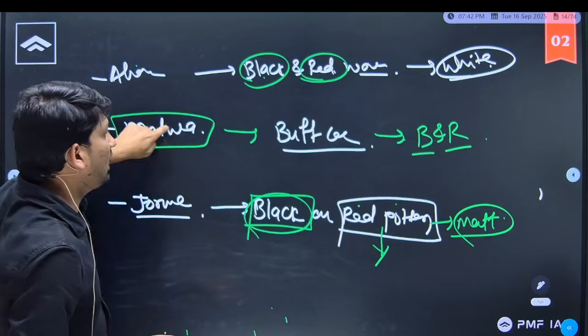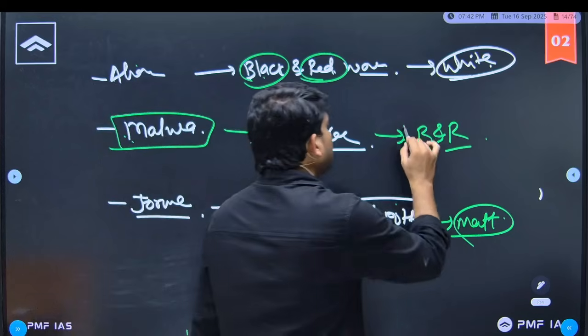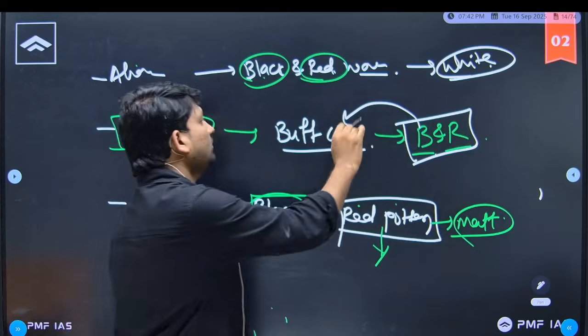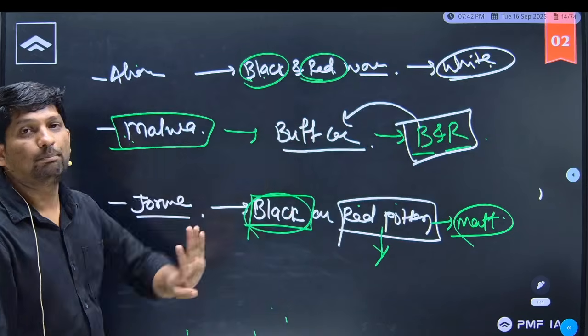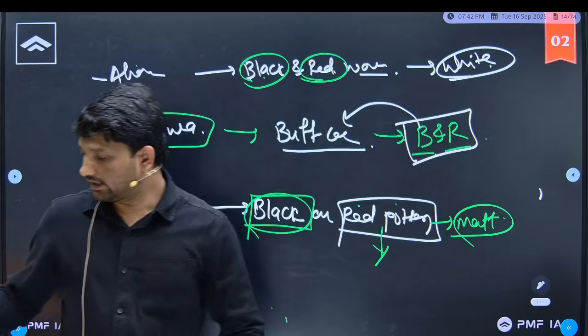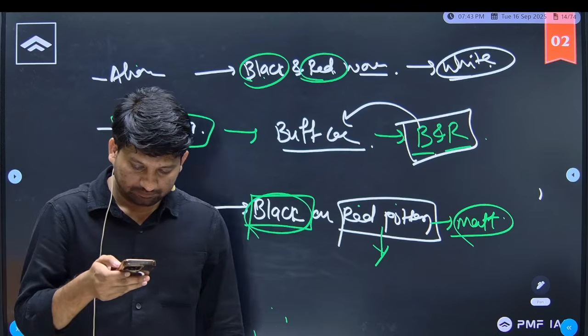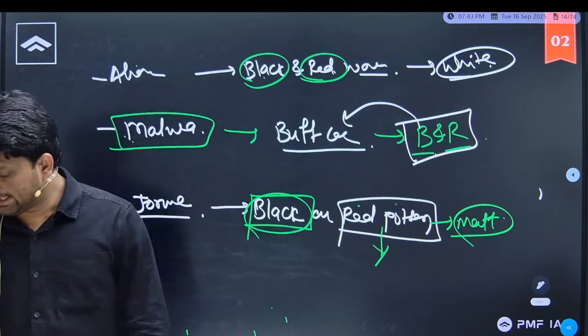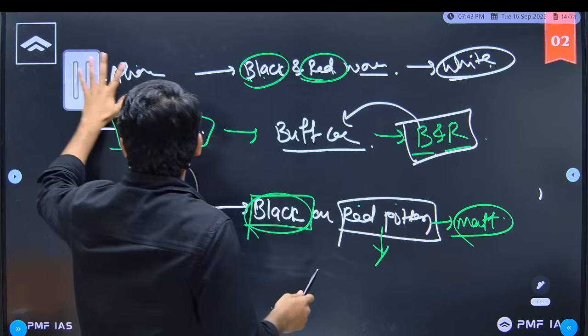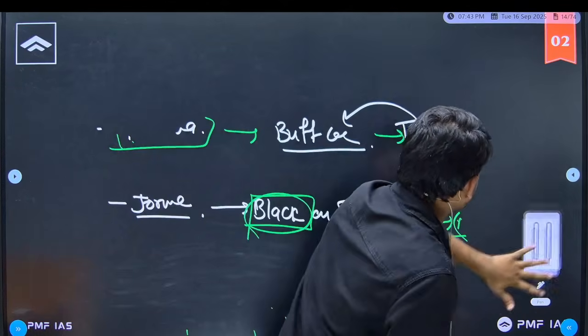In this Malwa culture, we have design with black and red, but most of the pottery was buff colored. Any confusion for anyone? So this painted ceramic is a distinguishing feature of these Chalcolithic cultures.